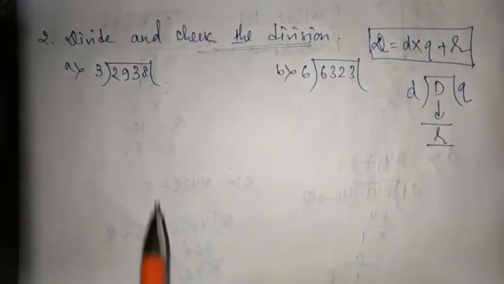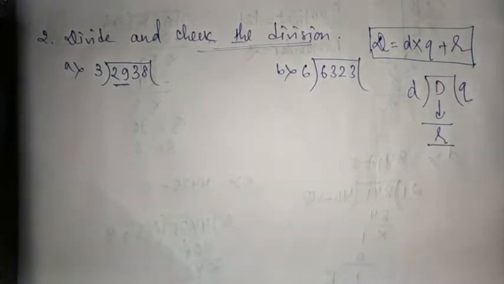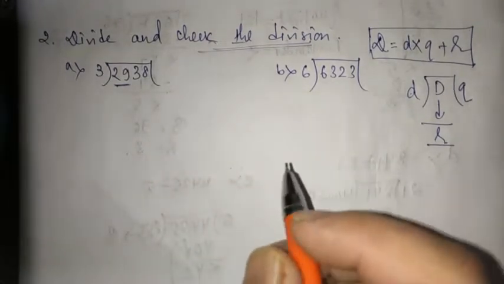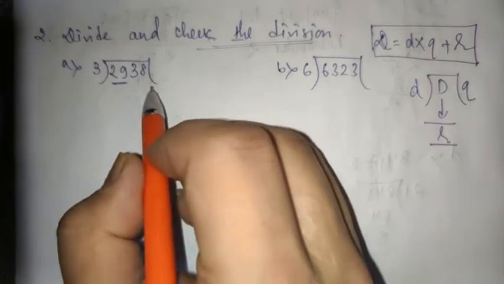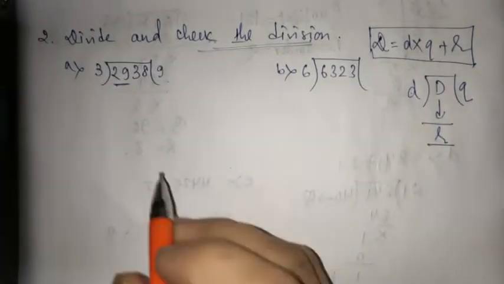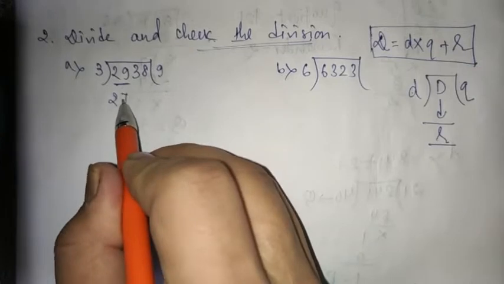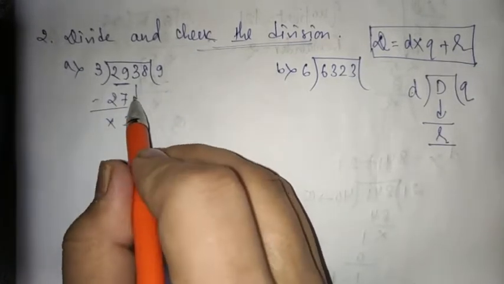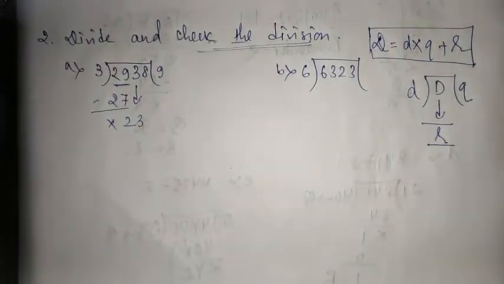Okay, so 327 is only possible because 3 1s are 3 is not possible. So 3 8s are 24, 3 9s are 27. Right. 3 9s are 27. So when you subtract this, 9 minus 7 is 2, 2 minus 2 is 0. This 3 will move down. Now what are we going to do? 3 8s is 24.